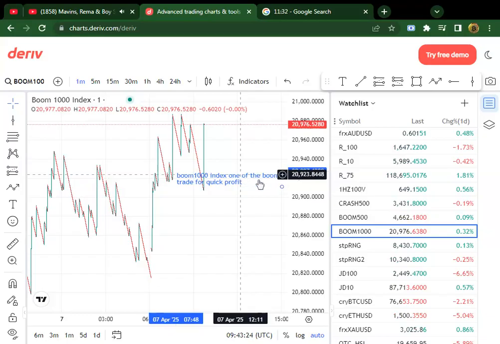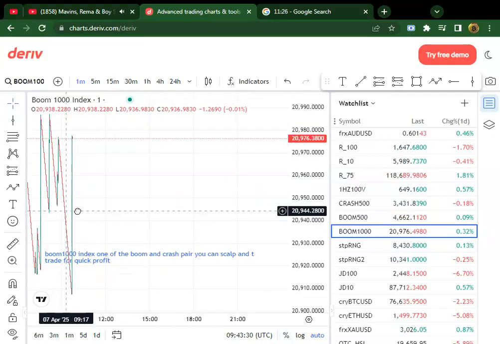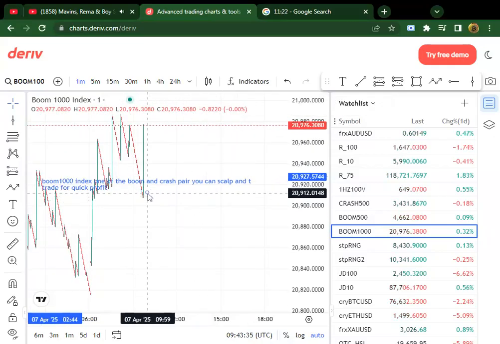It is a strategy you can use for a very quick profit, giving yourself 1 is to 10. What a 1 is to 10 trade suggests is that you risk a little bit of money and then you times it by 10.